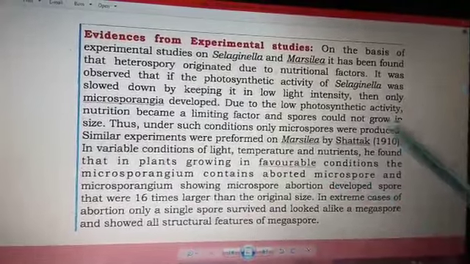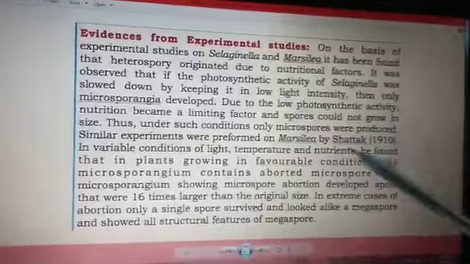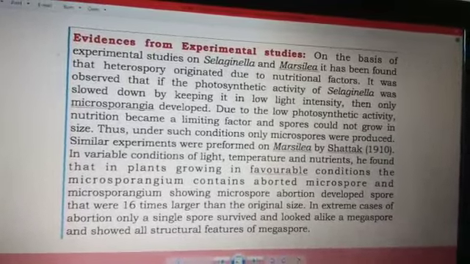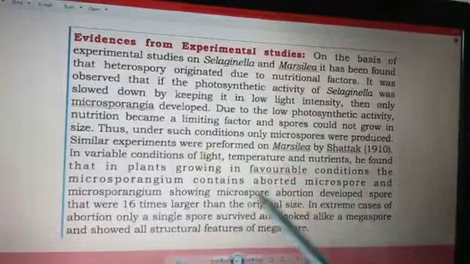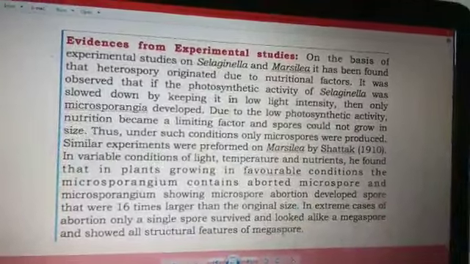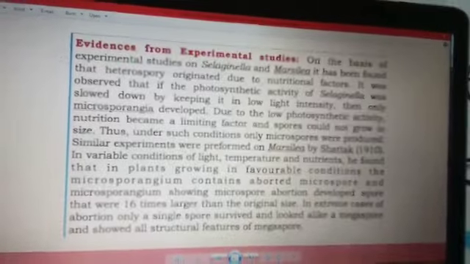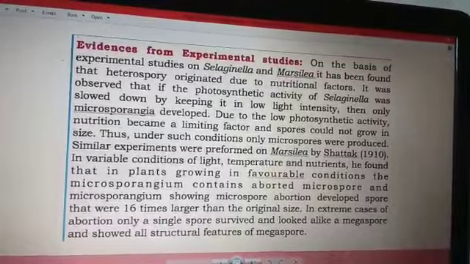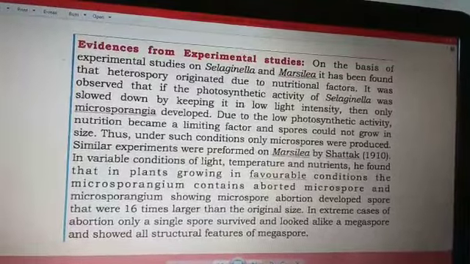That is, some of the microspores present in a microsporangium degenerate, showing microspore abortion. So whatever small number of spores are left, they have a sufficient amount of nutrient available, and they use it and increase in their size.